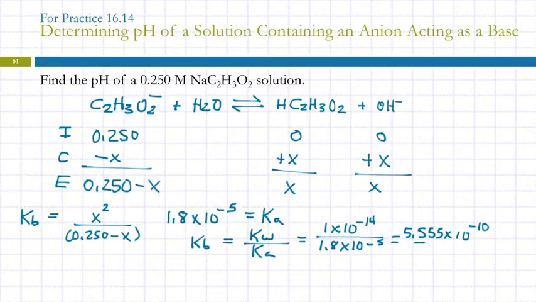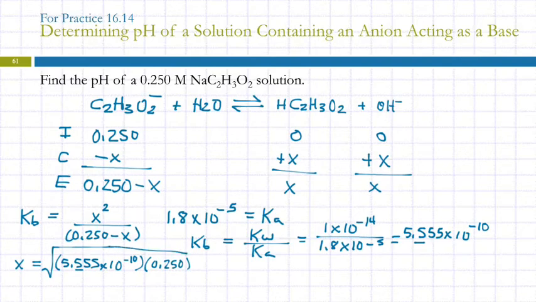So that is Kb. Well, let's try x is small, because that's been working pretty well for us, right? So x is small approximation. We're going to get the square root of Kb, 5.6 times 10 to the minus 10, times the denominator, 0.250, all under that square root.